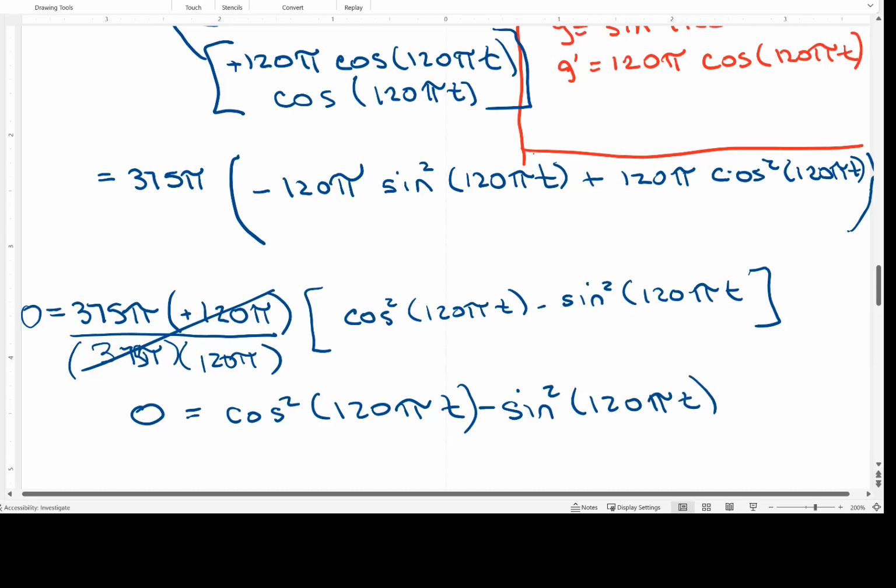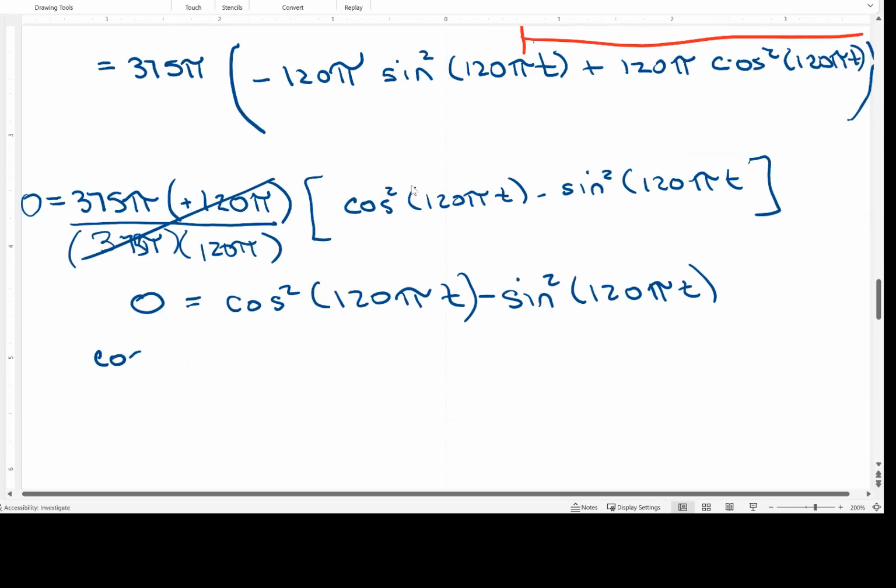I know that means that sine squared equals cosine squared. We have cosine squared of 120 pi t equals sine squared of 120 pi t.